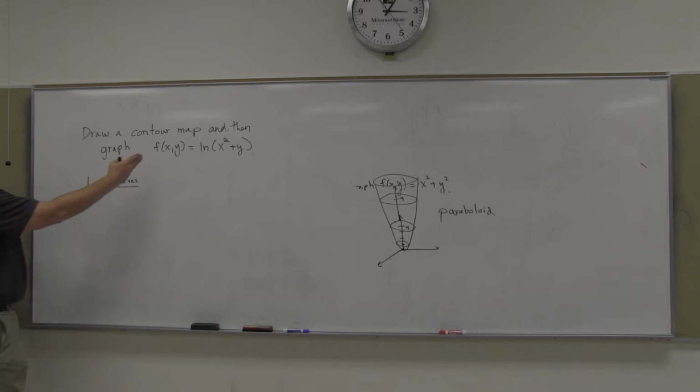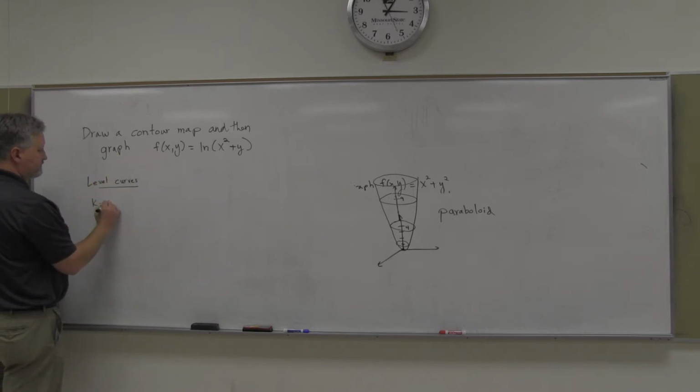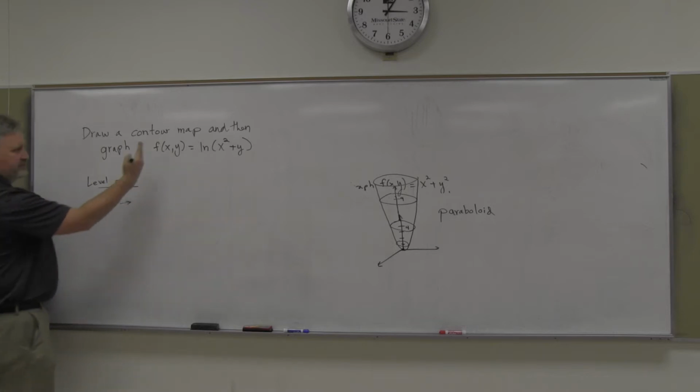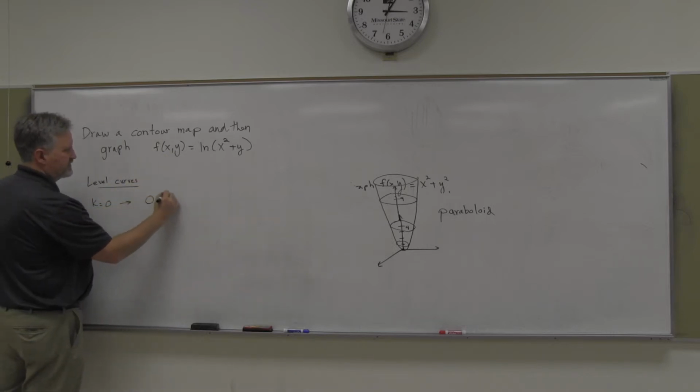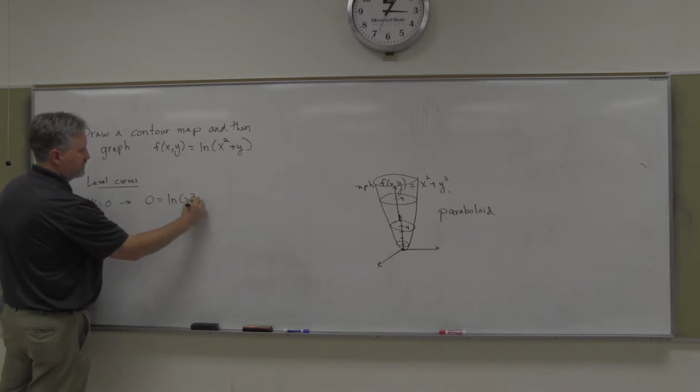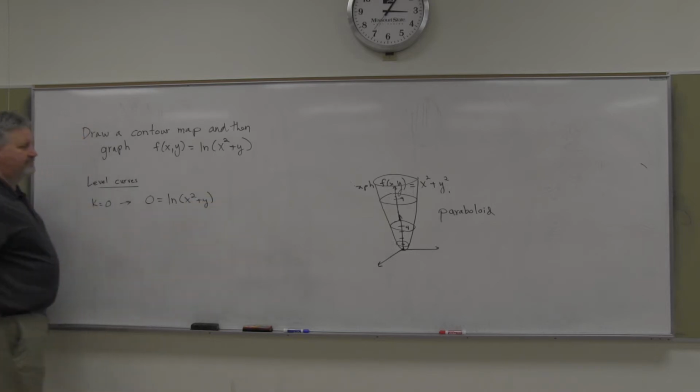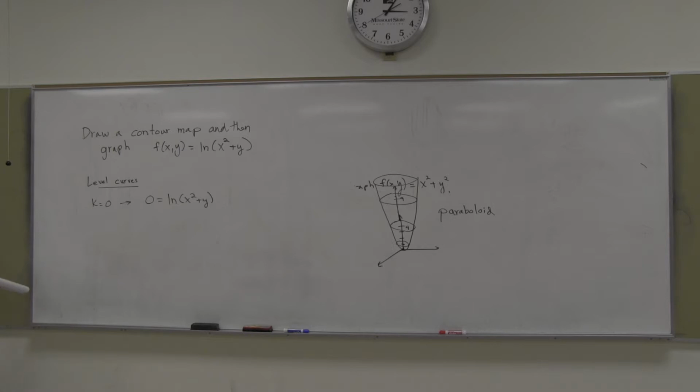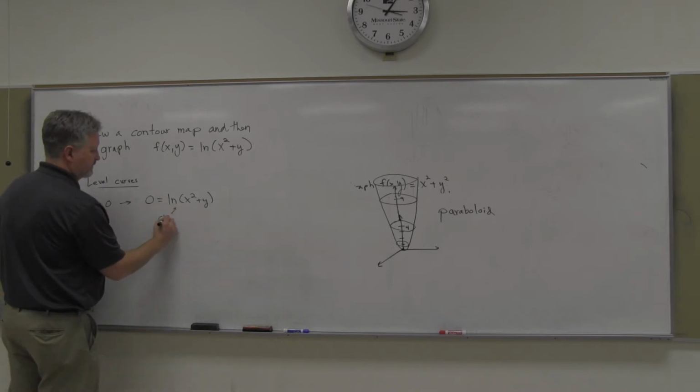So let's just start with k equals 0 and see where that takes us. If k equals 0, that means z equals 0, so the equation is this. That is probably something you're not that familiar with, graph-wise. So let's change this to a y equals equation.